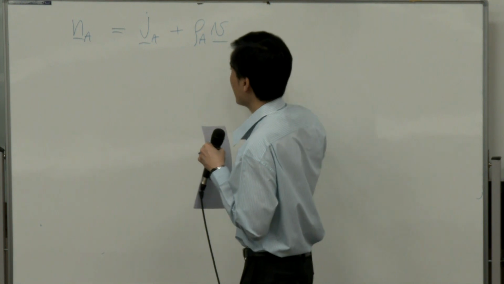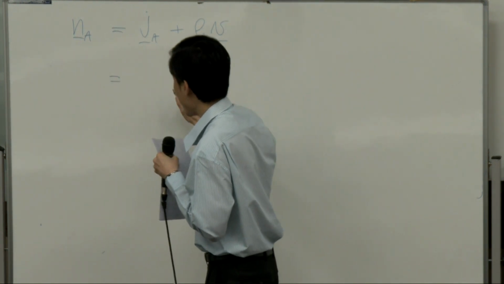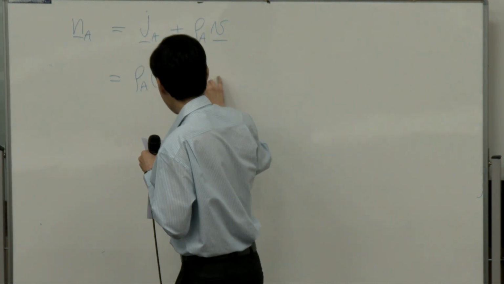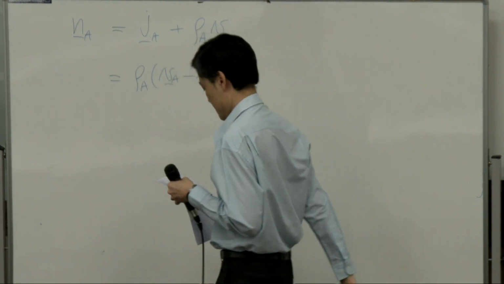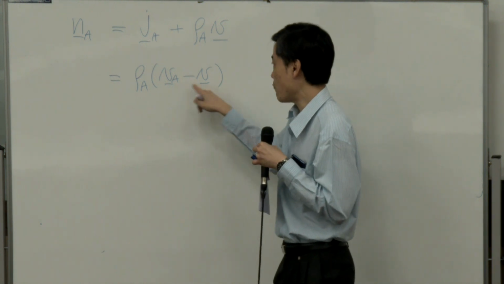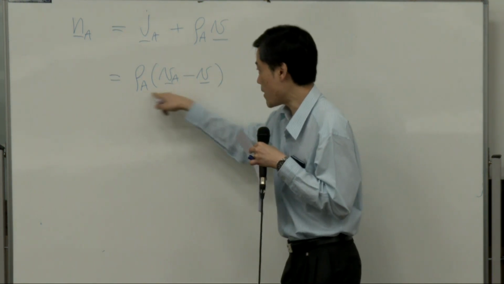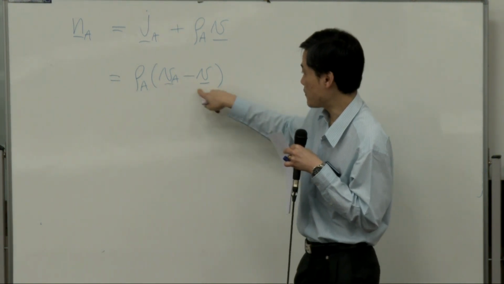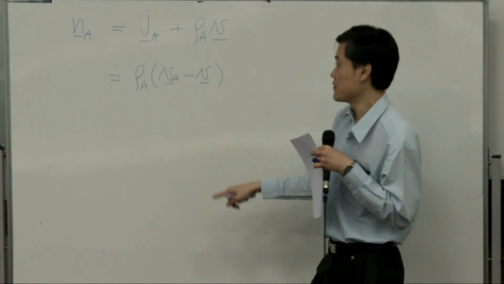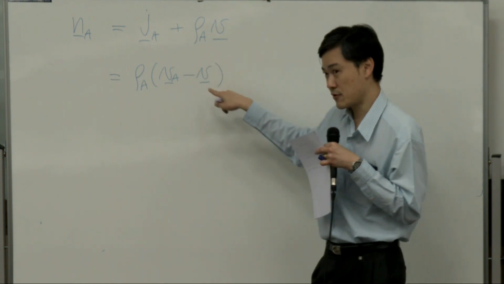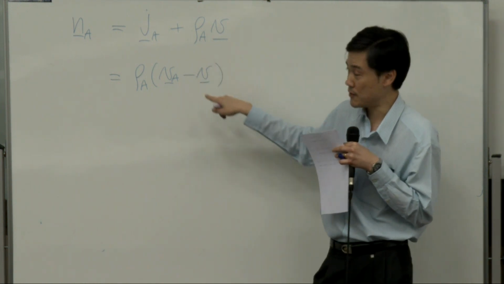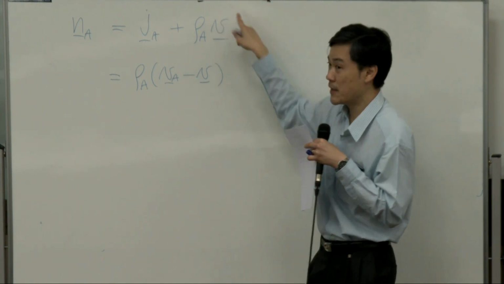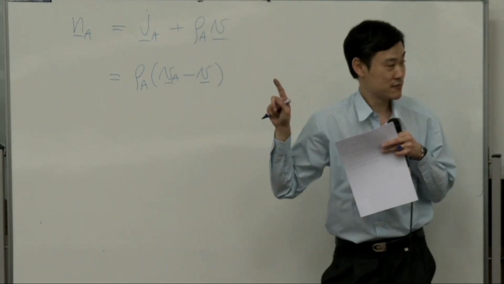Okay? Now, if I expand this JA to be rho A times VA subtracted by V, even though earlier we said VAy subtracted by Vy, now we combine all directions together, so you get generic VA vector and generic V vector. So this is velocity of the mixture, or velocity of the solution. And you have to realize now this V will be velocity of the solution as well.